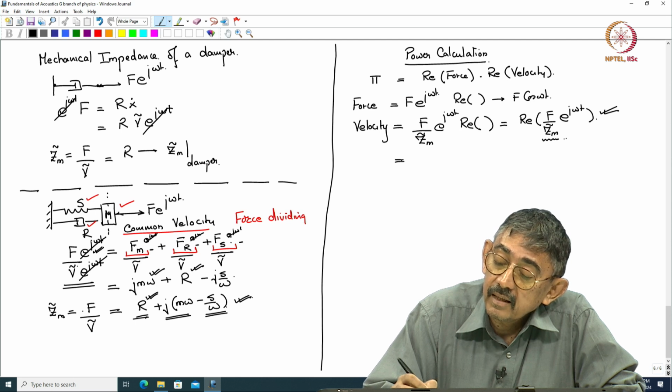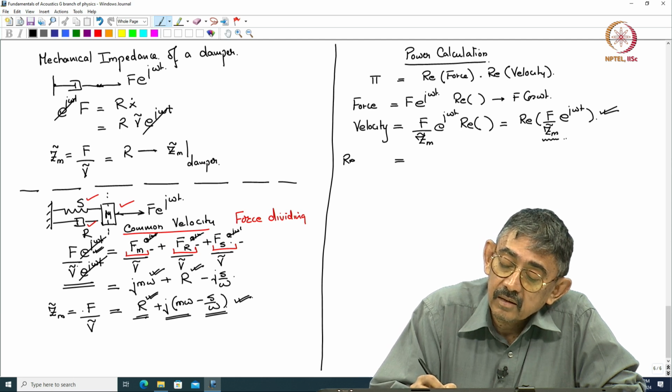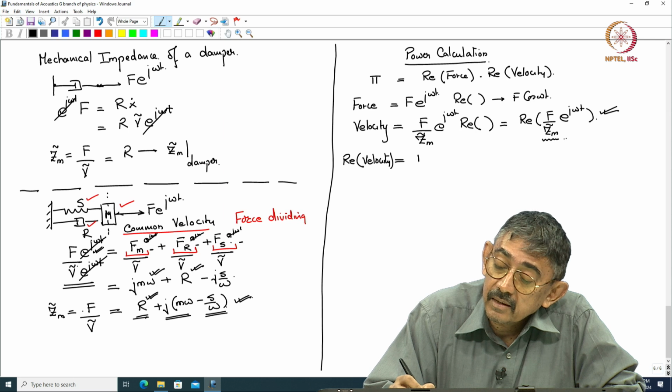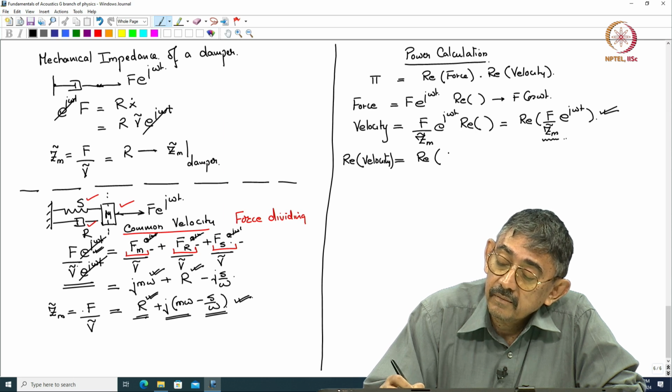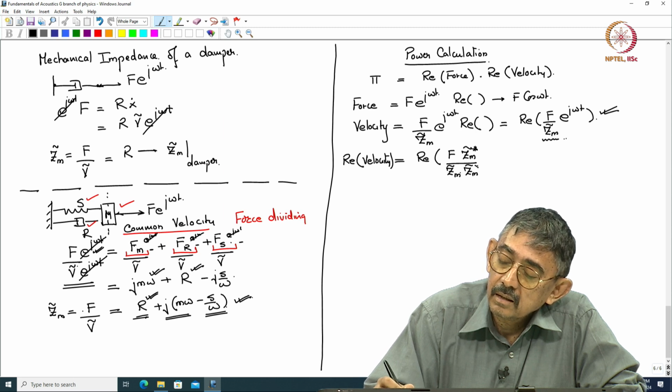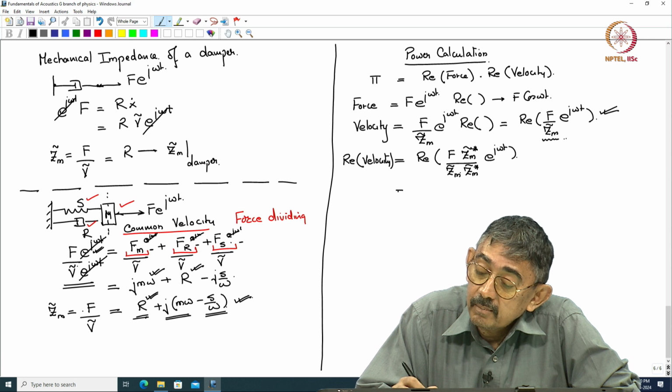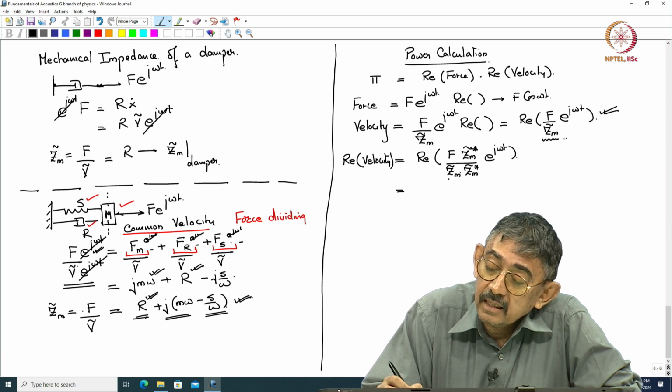So the real part of velocity is given by the real part of F times the conjugate of the impedance, divided by the impedance into its conjugate, times e to the power of j omega t, so that now I can bring the real values out.